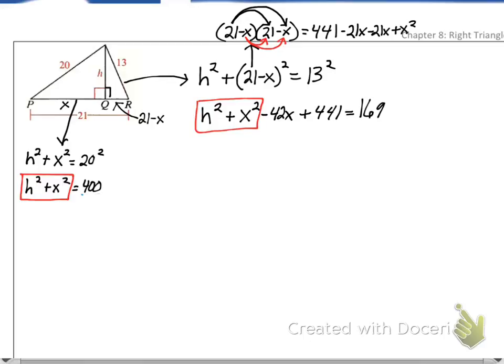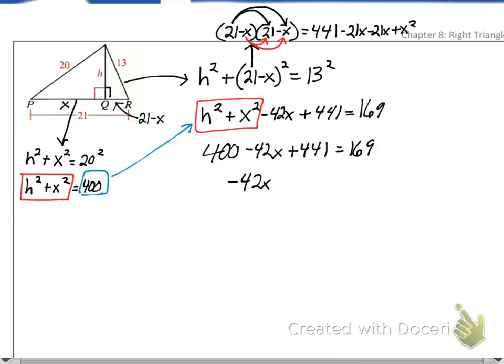So let's just take that 400, and I'm going to plug that in here. That's going to give me 400 minus 42x plus 441 equals 169. Well, if I combine like terms, we have 42x plus 841 equals 169.